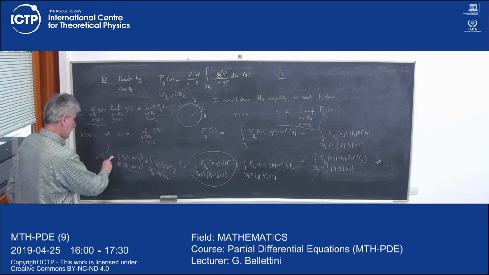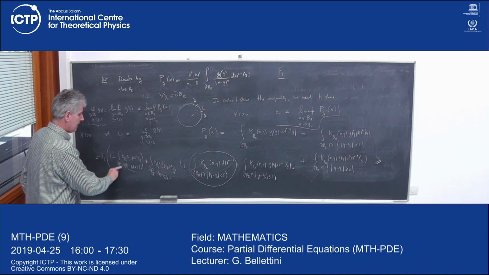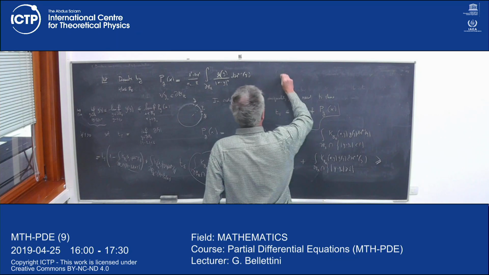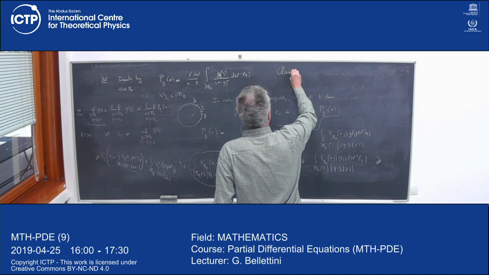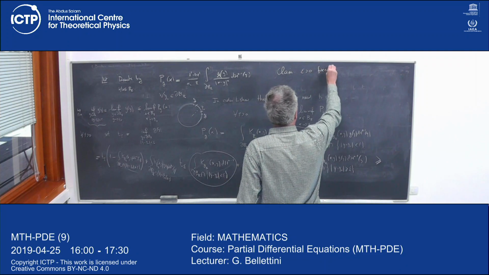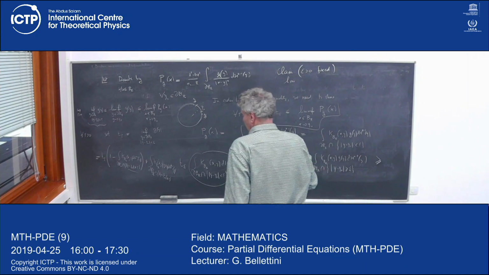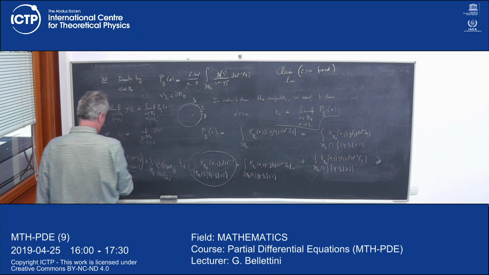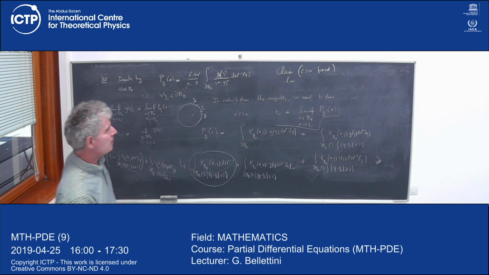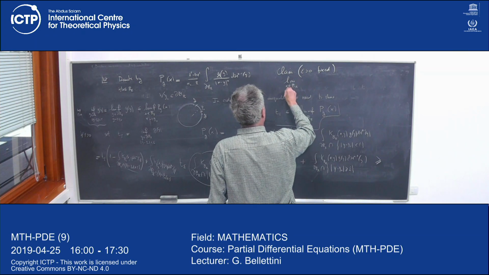So I claim, because now epsilon is fixed, the limit as x is in BR and x goes to y naught.